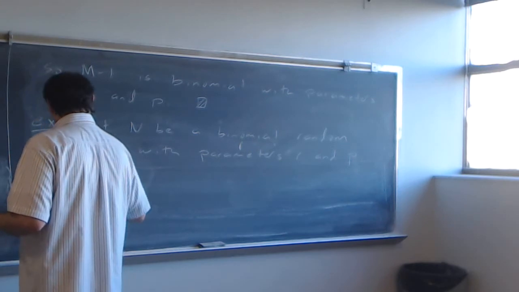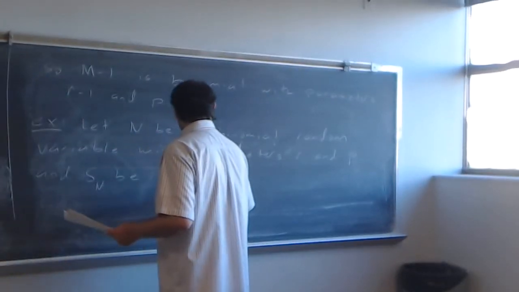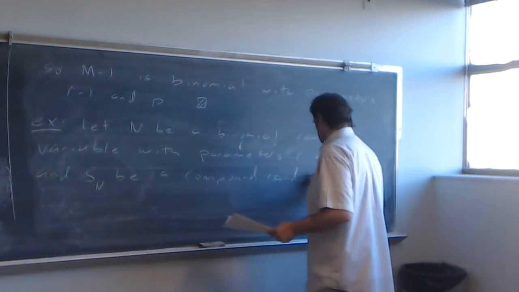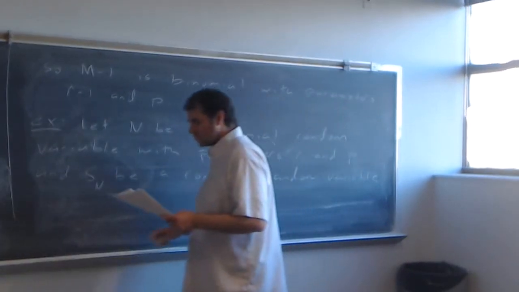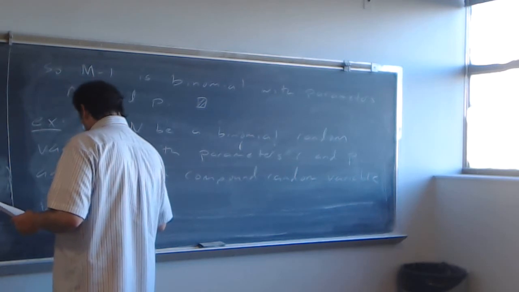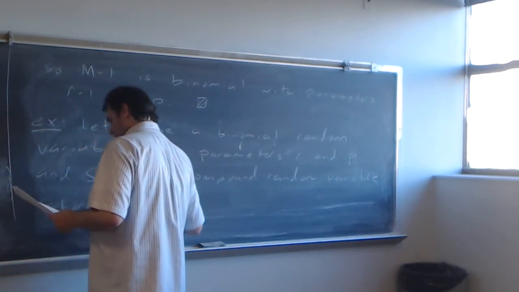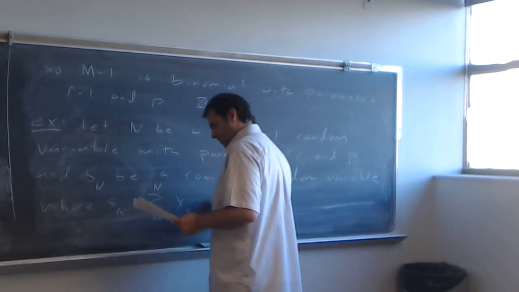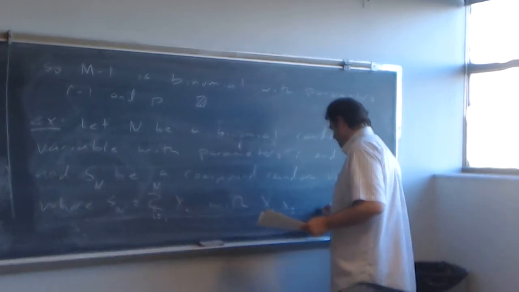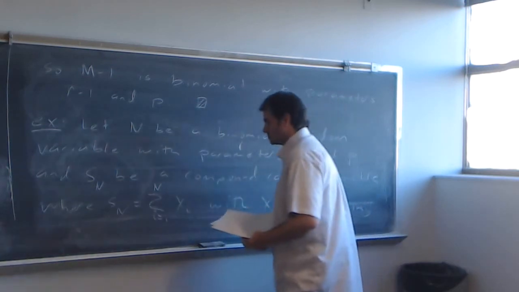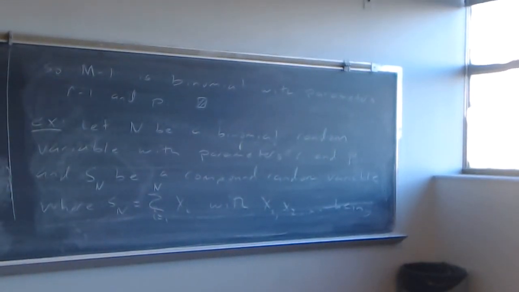And let S of n be a compound random variable, where S of n, of course, is equal to the sum as i runs from 1 to n of X of i, with the sequence X of 1, X of 2 being a sequence. What kind of sequence? This is a sequence of independent and identically distributed random variables.